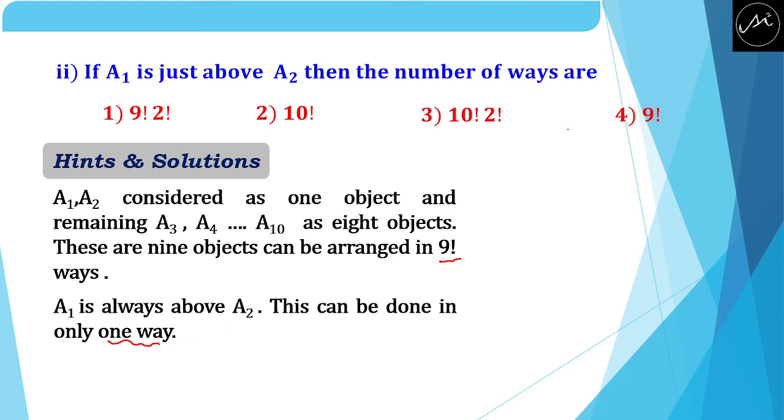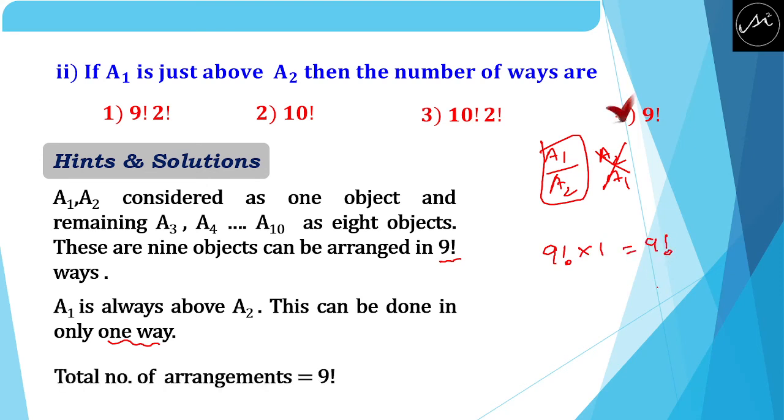The other way, A2 above A1, is another choice, but this is not considered. They are telling A1 must always be above A2, so it is only one choice. Therefore 9 factorial into 1 is again 9 factorial. So option 4 is going to be the right answer for this particular problem.